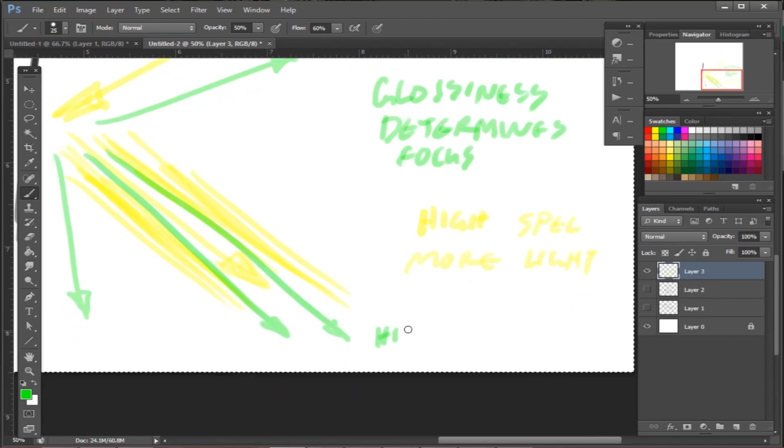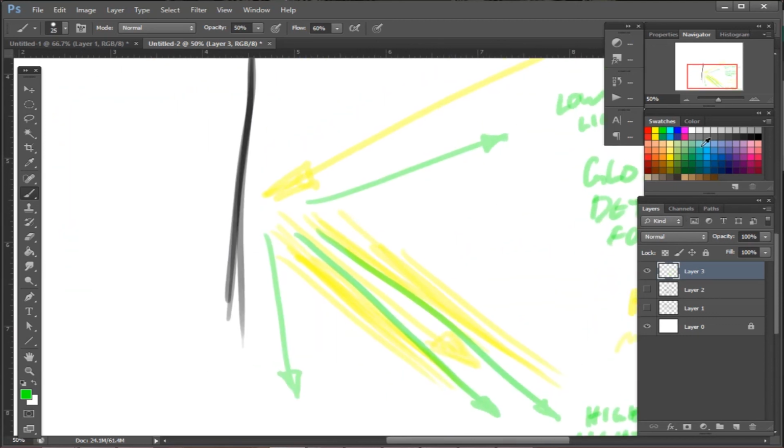High gloss, light focus when it bounces off of your surface.